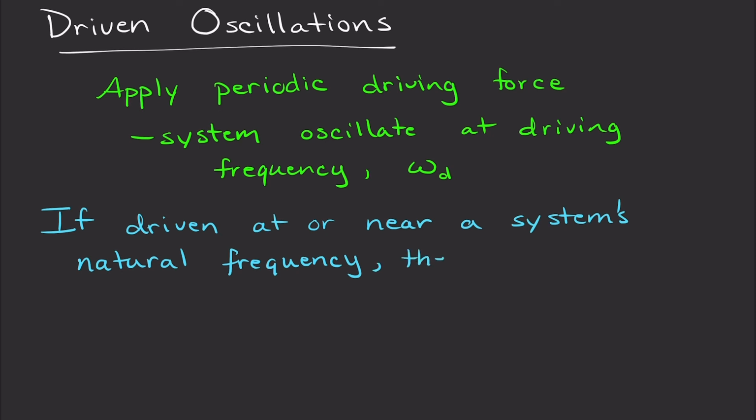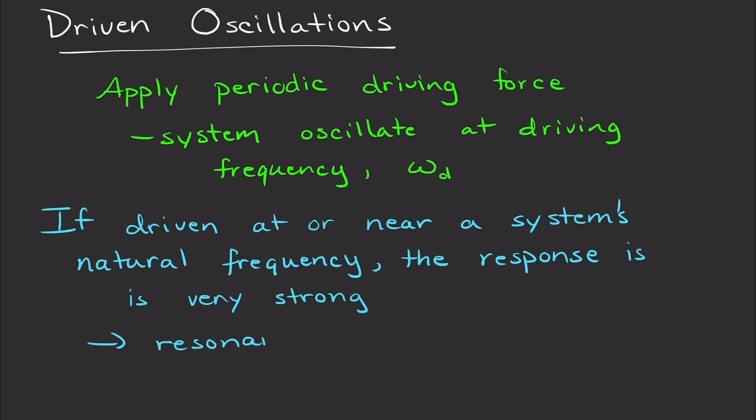So if you push somebody at just the right moment, they will start to swing much higher than if you just push them right in the middle of their swing when they're passing through, say, the lowest point. Okay, so it's much more useful and you get a much stronger response if you push at their natural frequency. Okay, and this is what's called resonance. Okay, and this is sometimes called the resonance frequency.